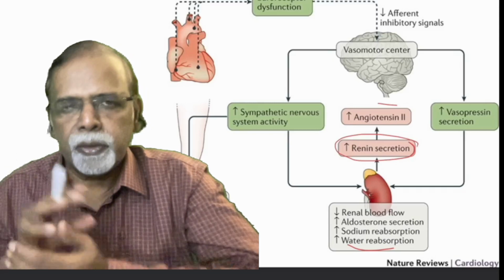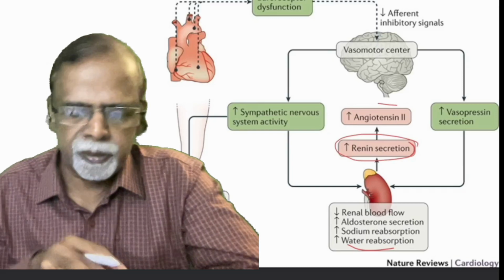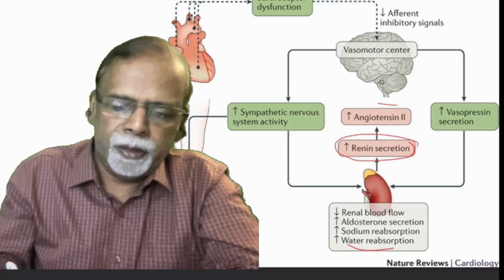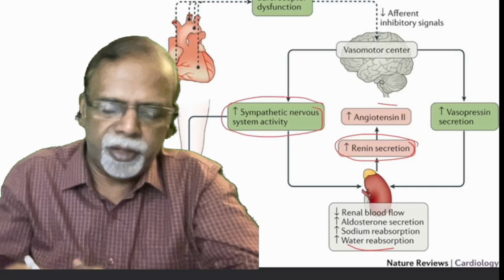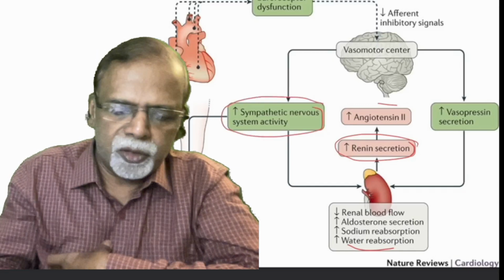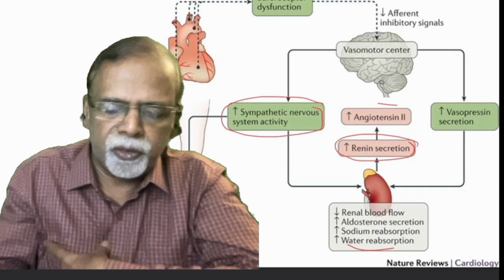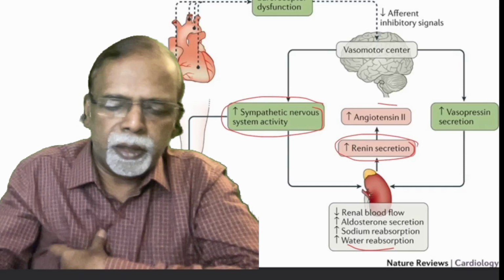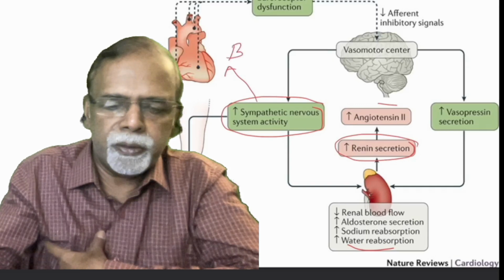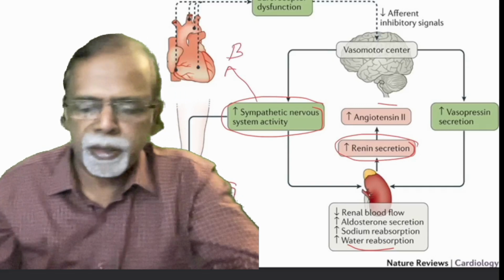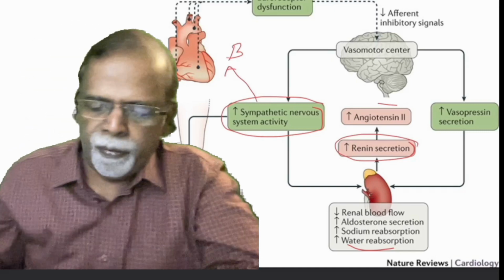Sympathetic stimulation leads on to activation of the RAS. So here you can see the sympathetic nervous system activation. There is a vasospasm, decrease in blood flow going to the limbs, and the stimulation of the beta receptors leading on to increased heart rate, increased contractility.